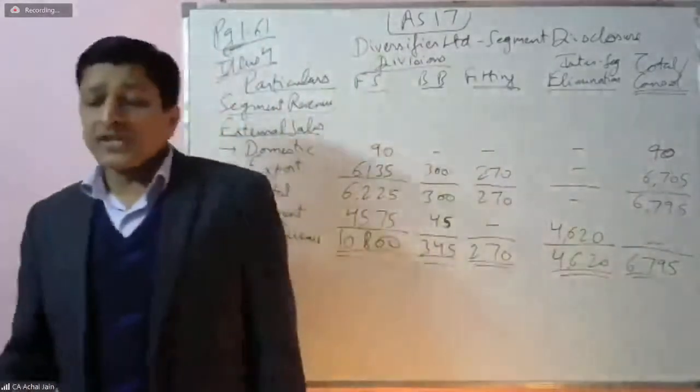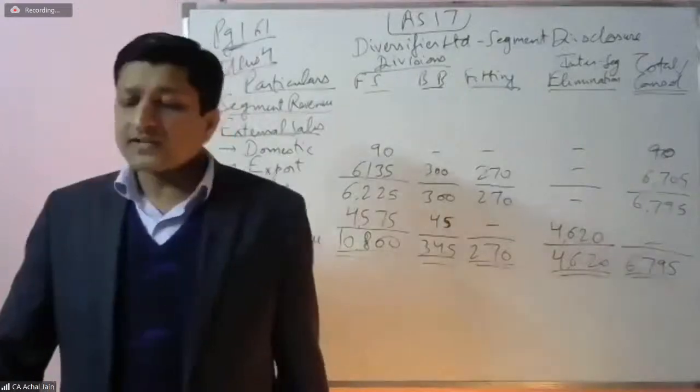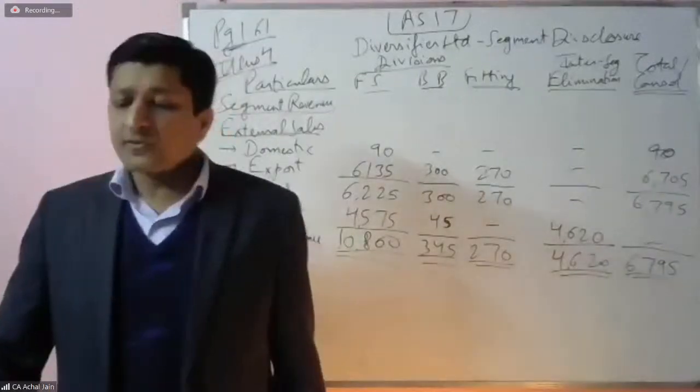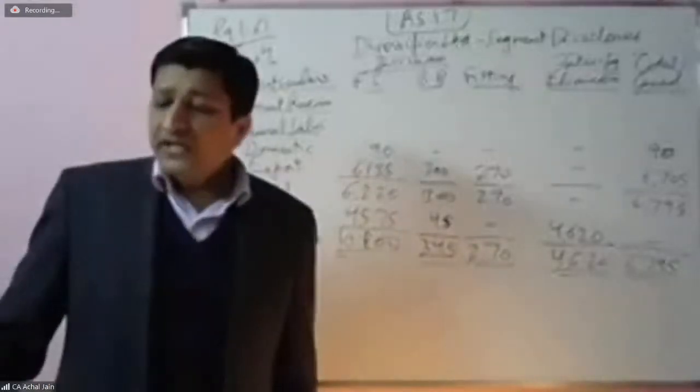Means head office expenses, interest costs, do we include that? No, these are the exclusions. So in terms of the segment expenses, do we have anything? No. So they get excluded.